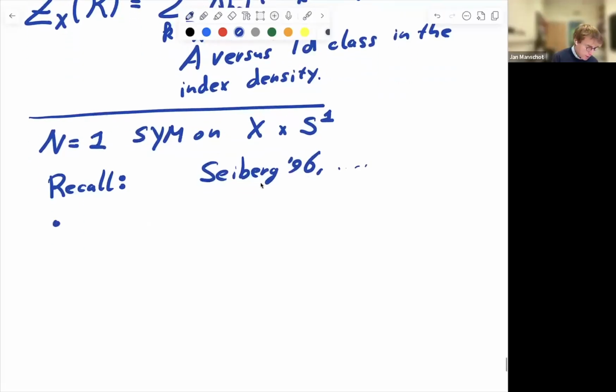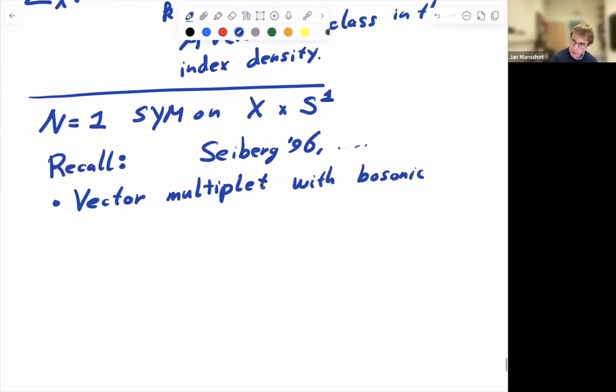They consist of a vector multiplet with bosonic fields A_mu and sigma.